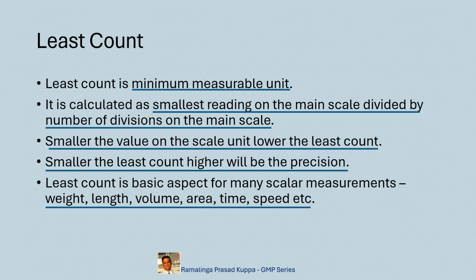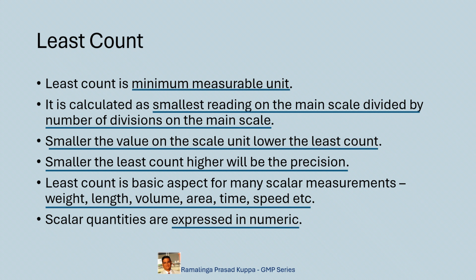For volume also, the least count could be microliters to cusecs, depending upon the volume measured. The same concepts and approach apply for any other scalar measurements. Scalar quantities are expressed in numerics. The measurements are reported in numbers.